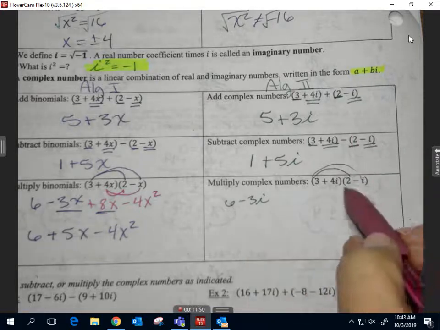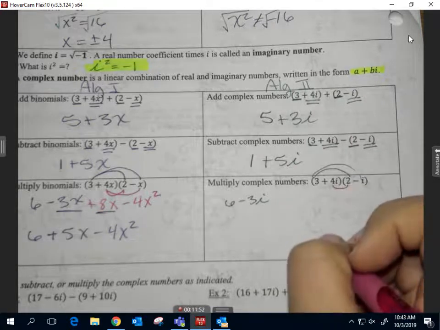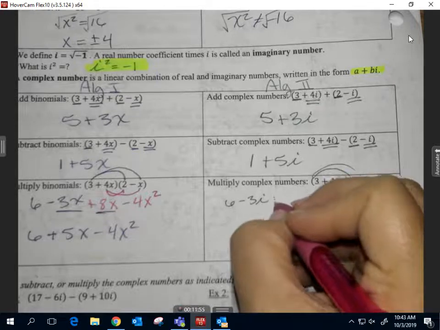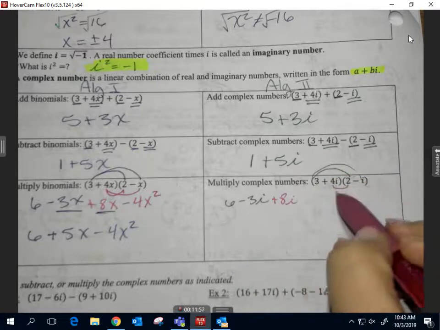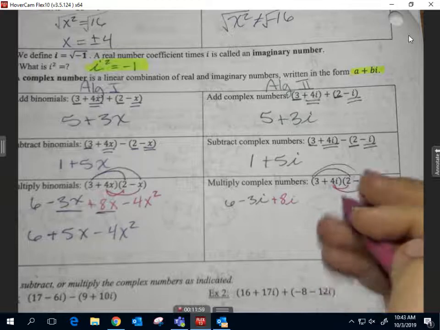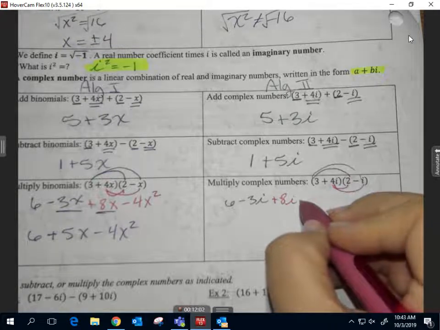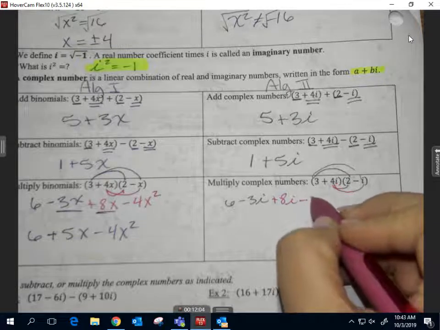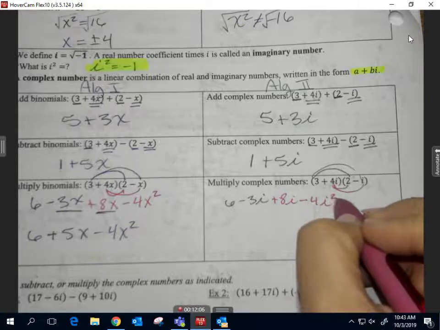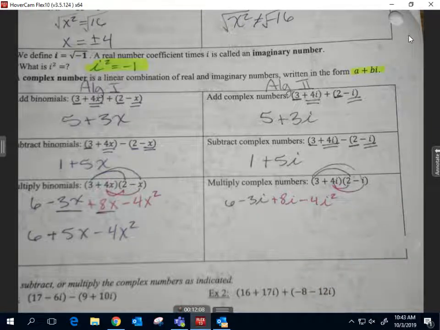And then 4i times 2 is positive 8i. And 4i times negative 1i. Negative 4i squared. Nope, it's 4. 4 times 1 is 4. Positive times a negative is a negative. We're multiplying, we're not adding. Yeah, this is all multiplication right now. And i times i is i squared.